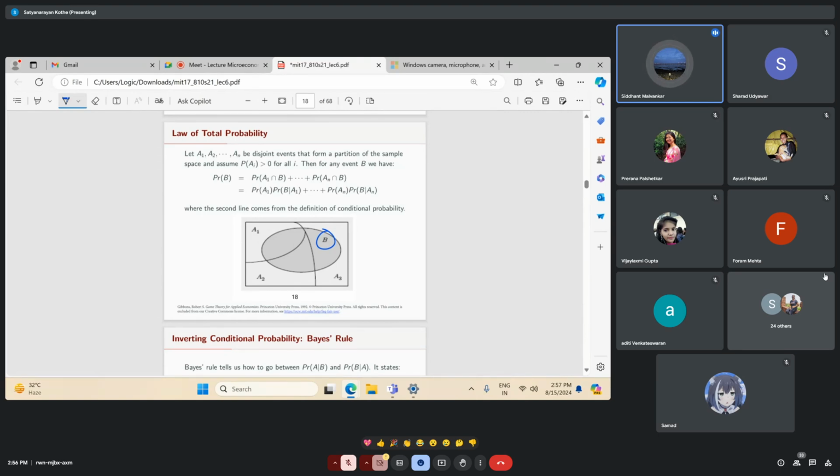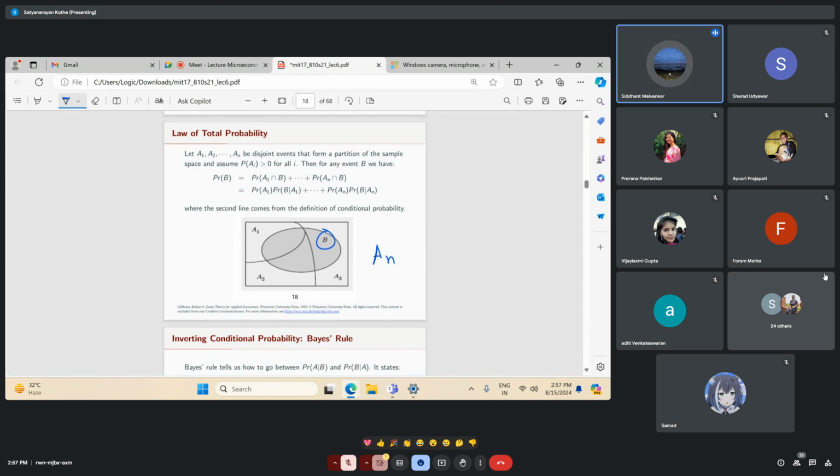And if we find the probabilities of A1, A2, A3 to take place, here they are exhaustive in nature, up to A3. This can lead up to A to the power N, that is N number of events.